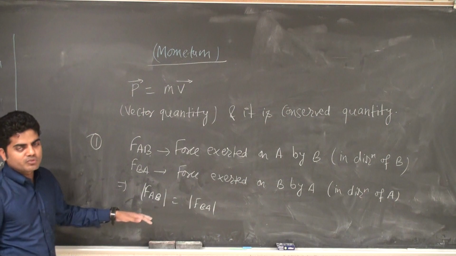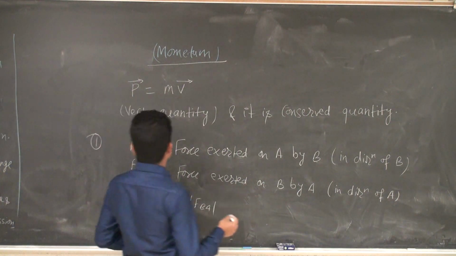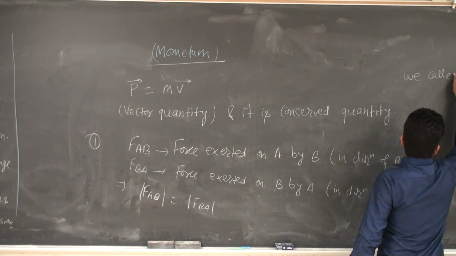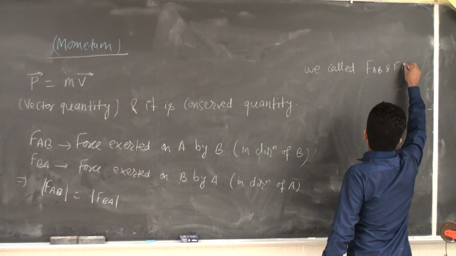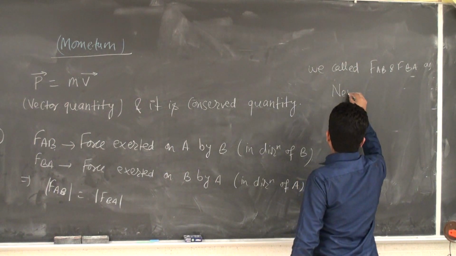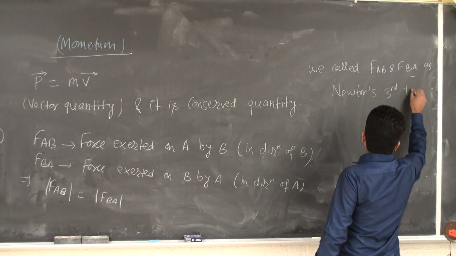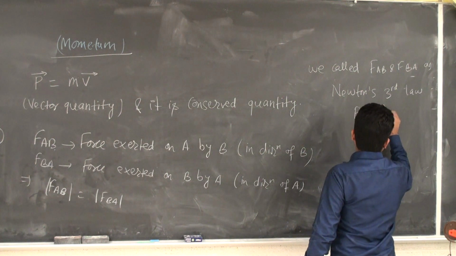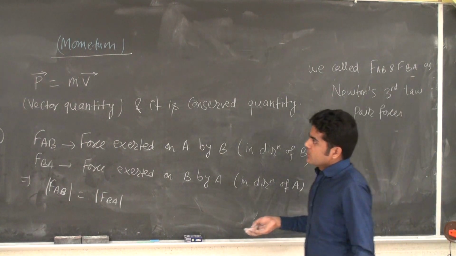We call FAB and FBA Newton's third law pair forces, which are equal in magnitude and opposite in direction.